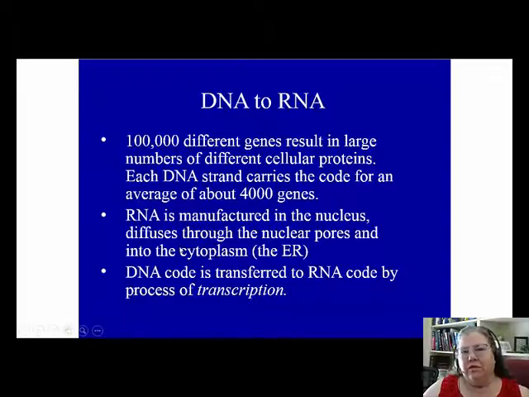So within the nucleus, where the DNA exists, RNA is manufactured. And that process of taking the genetic code on DNA and manufacturing RNA is called transcription. Once the RNA is manufactured, it goes through the nuclear pores into the mostly into the endoplasmic reticulum.